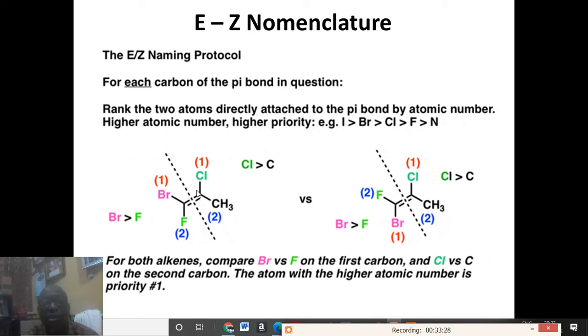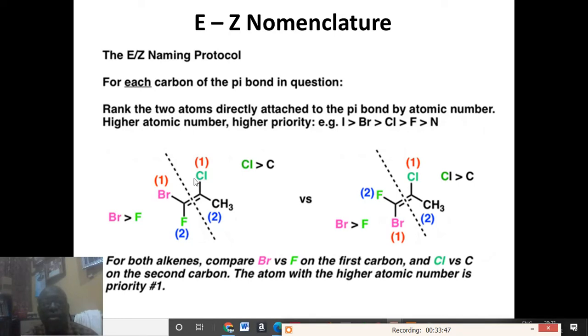Now, considering this other carbon atom, you have chlorine and methyl. In methyl, carbon is the atom directly bonded to the carbon. Because chlorine has a higher atomic number than carbon, chlorine is rank 1, higher priority, while carbon is rank 2.